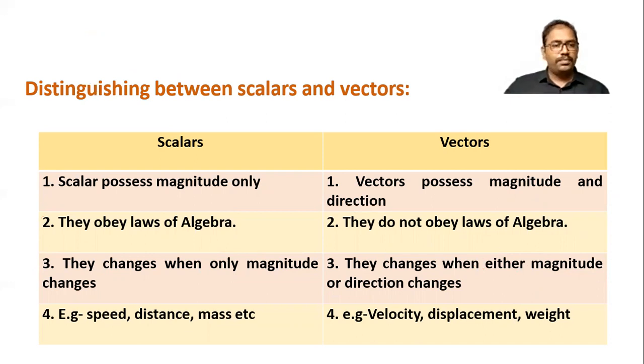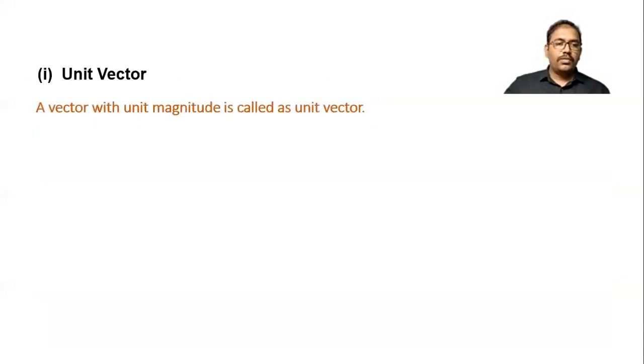Now we go further and learn the types of vectors. The first type is the unit vector. A vector with unit magnitude is called a unit vector.